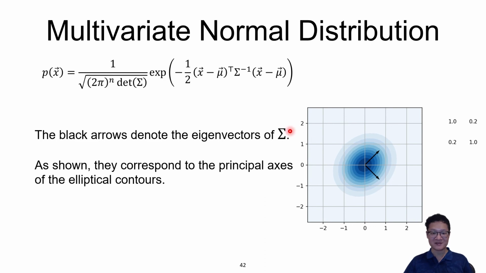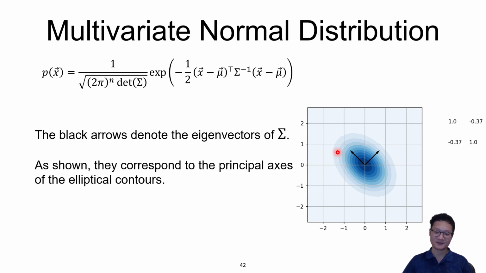So now, if sigma has a very large eigenvalue in one of the directions, then in that direction the distribution is more spread out. And in the direction where sigma has a small eigenvalue, those directions are pretty narrow.